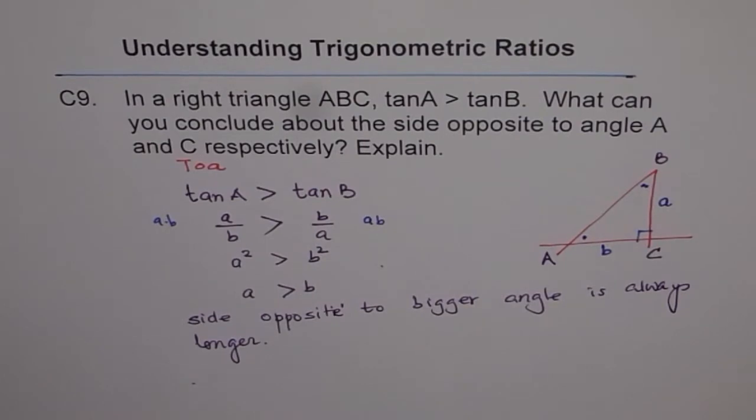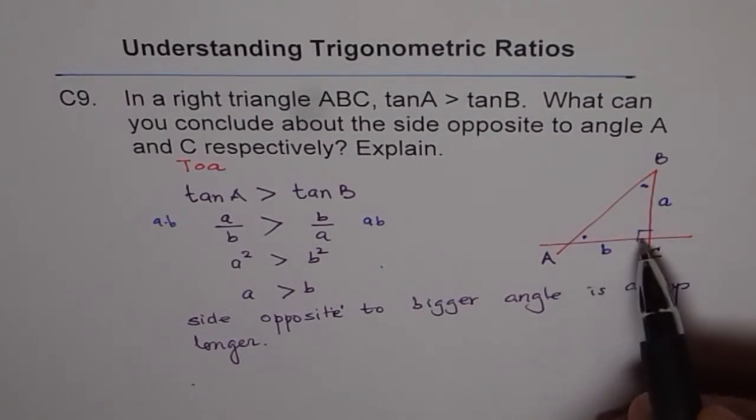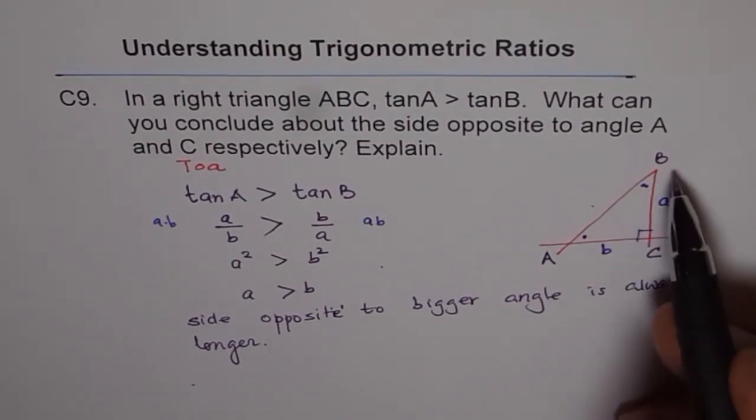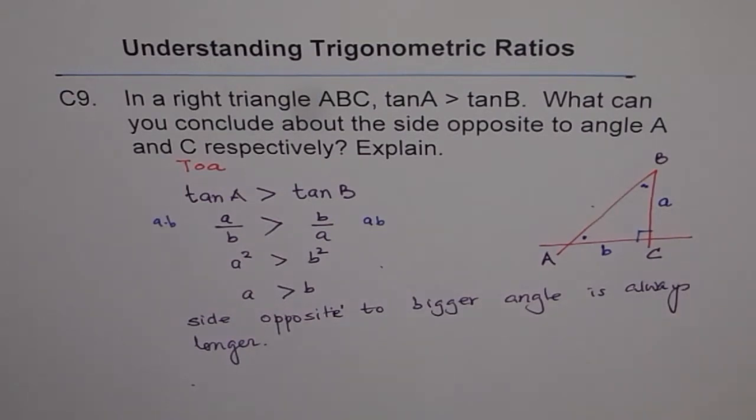That is a very, very important thing which we learn from here. And we can also conclude from here, well, in this triangle, 90 degrees is the biggest angle, and therefore that side, the hypotenuse, will be the longest. It makes sense, right? So that is what we conclude from this particular problem, right?